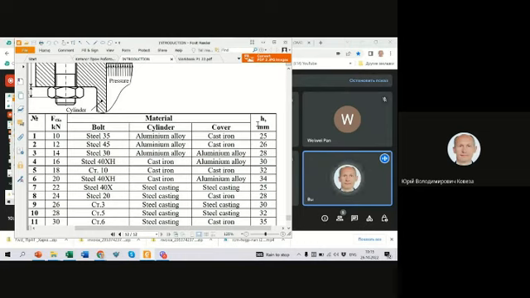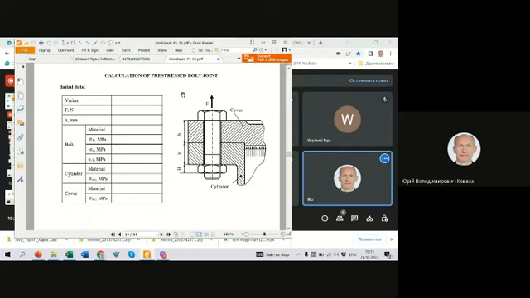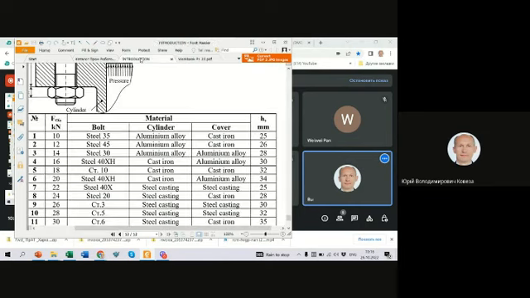H the same for cover and for cylinder. Write it here, variant, force, H. After that, we'll write bolt material. Bolt material, you see it according to this table. And cylinder and cover materials. Write down there.